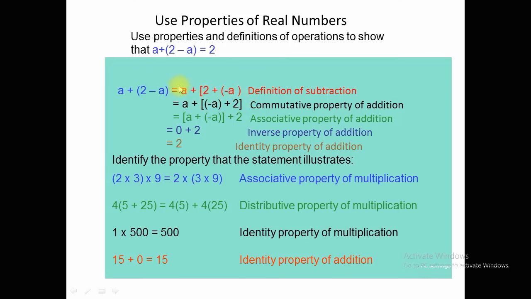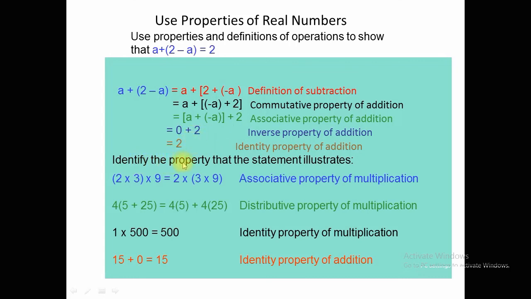Now a plus minus a plus 2, this is the commutative property of addition, and we can write it as a plus minus a plus 2. This is the associative property of addition. And a plus minus a equals 0, plus 2, this is the inverse property of addition, and 0 plus 2 is equal to 2. This is the additive identity property.